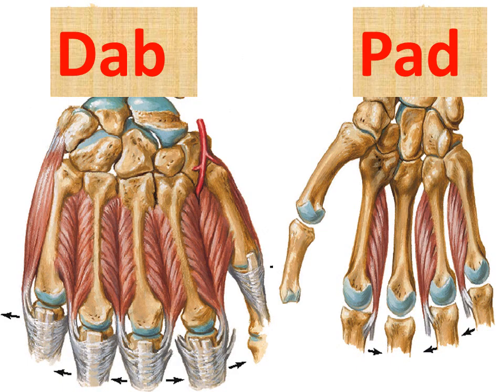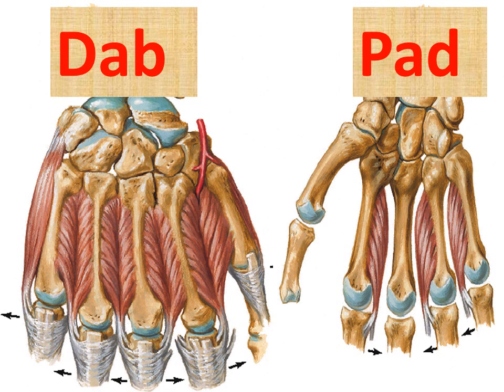The actions of the interossei we can summarize by these words: PAD and DAB. The palmar interossei adduct the fingers, and the axis here is the middle finger. If the fingers are approximated toward the middle finger, we are adducting the fingers, while if they are getting away from the middle finger, the fingers are now abducted by the dorsal interossei.